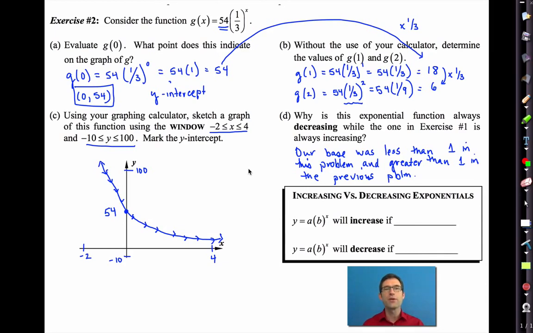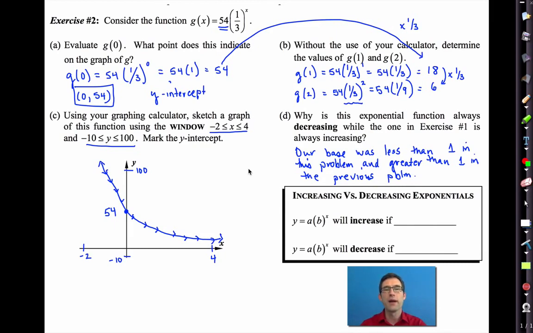It has to do with a very simple fact about multiplication. If you multiply by a number greater than 1, the result will increase. If you multiply a positive number by a number greater than 1, the result will increase over what you started with. On the other hand, if you multiply by a number between 0 and 1, I'd like to just say less than 1, but then that would include negatives.